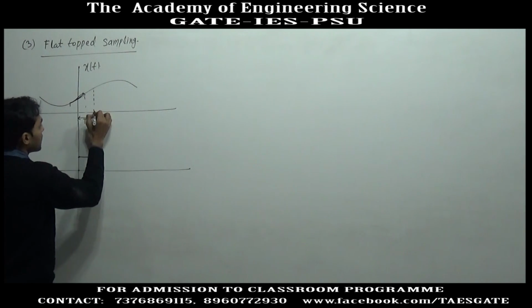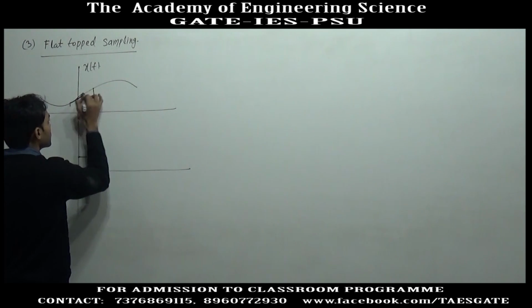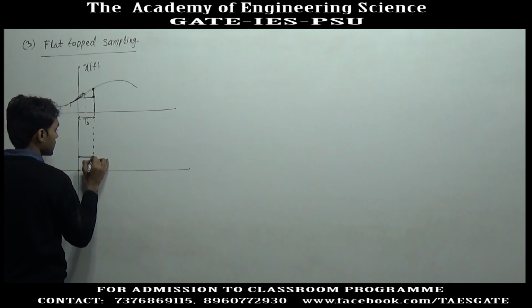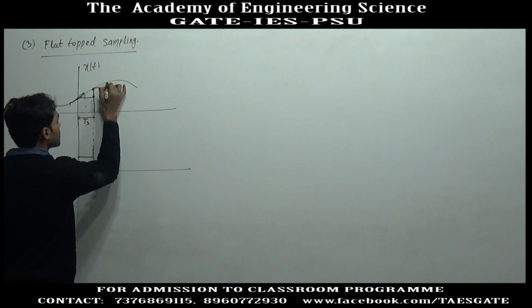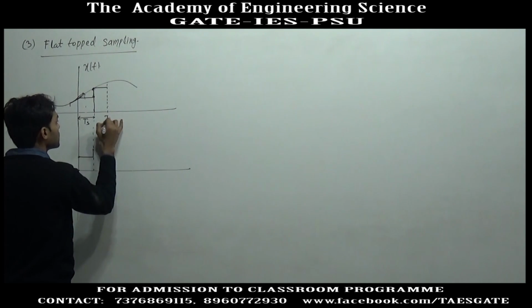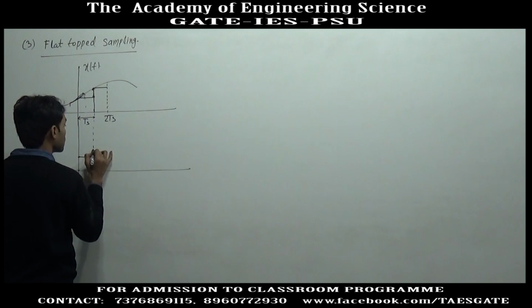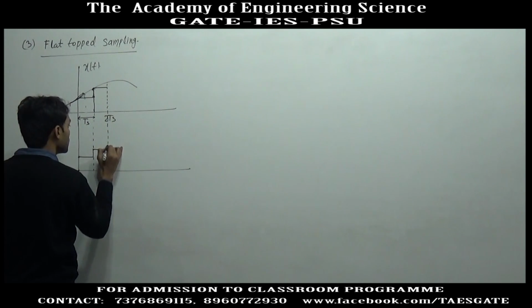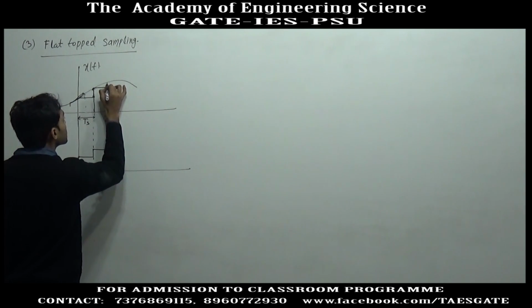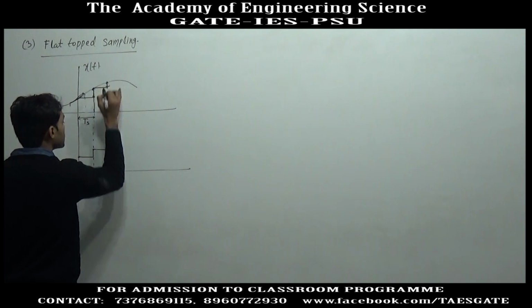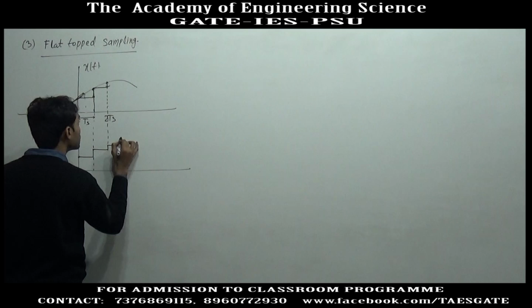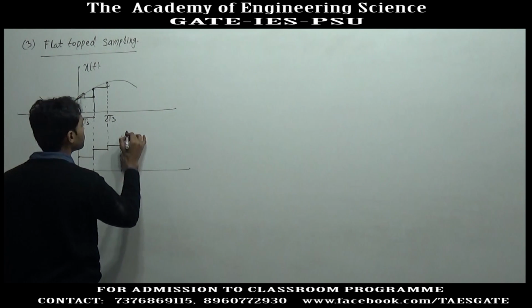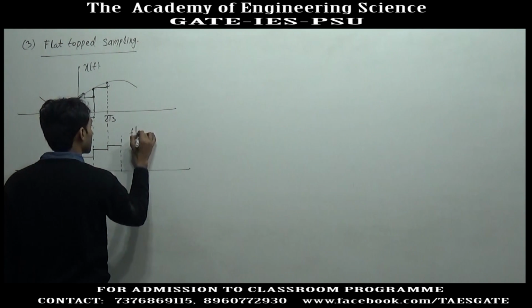Then, at the next sample the height is different, and this is the difference in height. So, this height and this value will be held constant till the next sample occurs. This is 2 Ts. So, at this point we will get this type of height. Next, height is again increased with this much difference. We want to get this type of signal. This is flat top sampling.